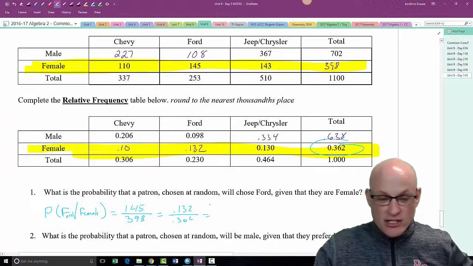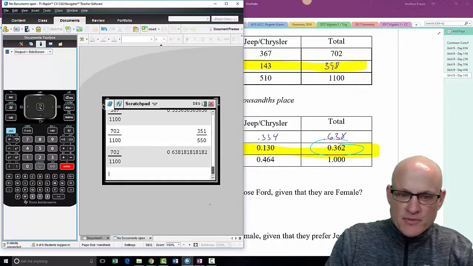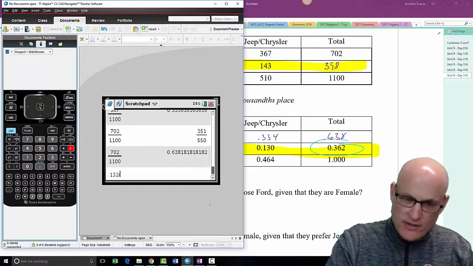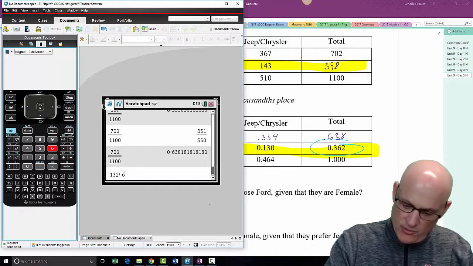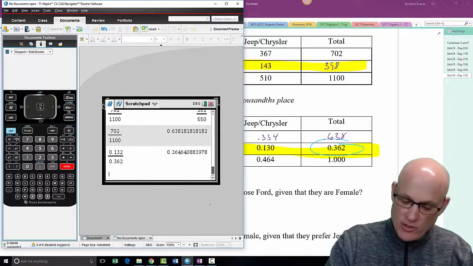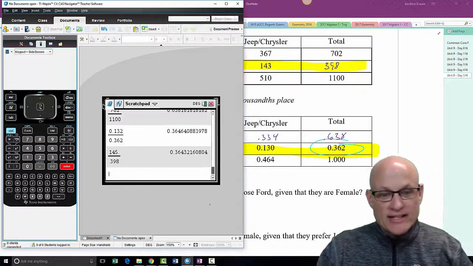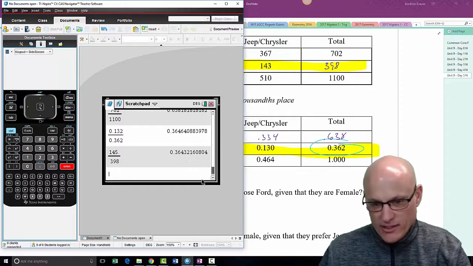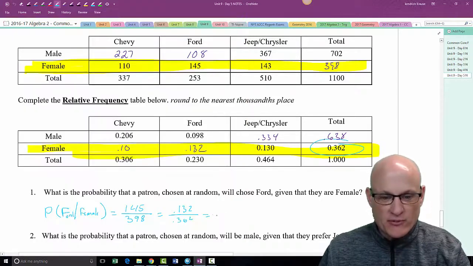Whatever these are, they should come out the same. 0.132 divided by 0.362 is 0.364. Now let's try the other one. 145 divided by 398. Notice I get almost the exact same result. A little bit off because of the rounding, but for the most part I'm getting 0.364.